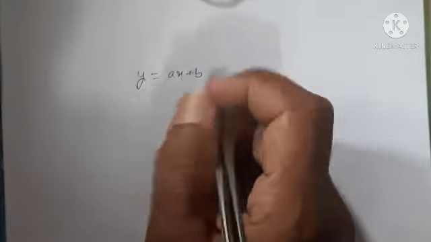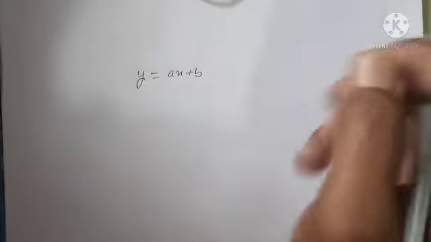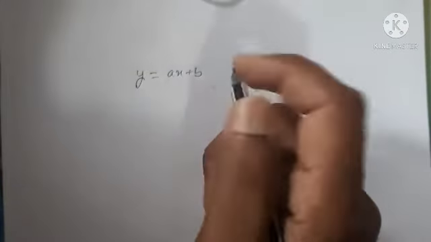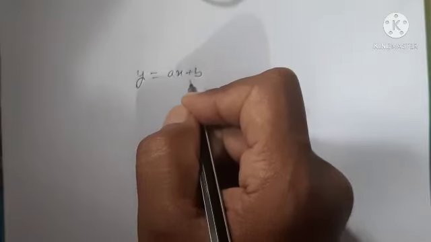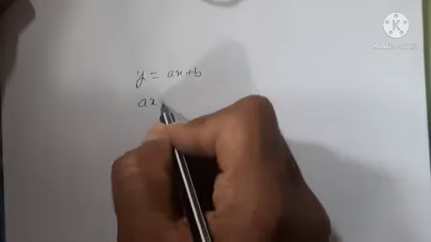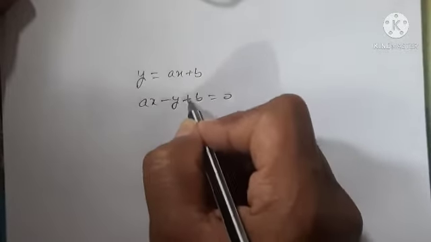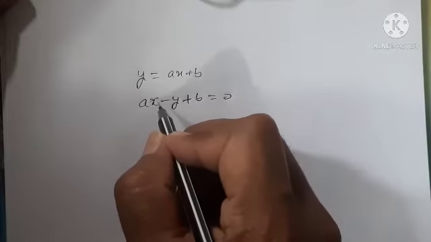When these terms are transferred to one side and one side is made 0, this is called a linear equation. Now transfer y to this side: ax minus y plus b is equal to 0. Now this is called a linear equation.